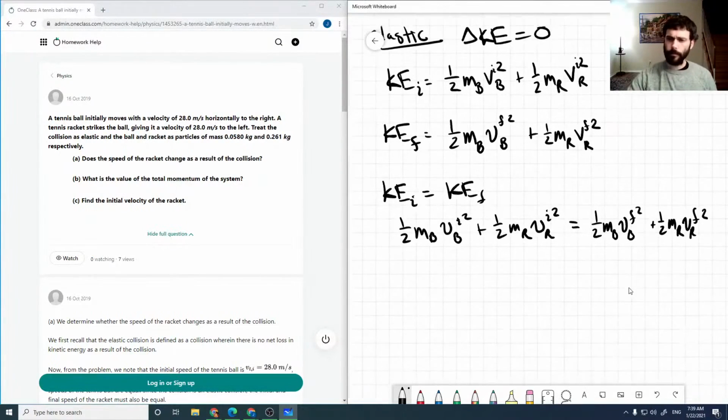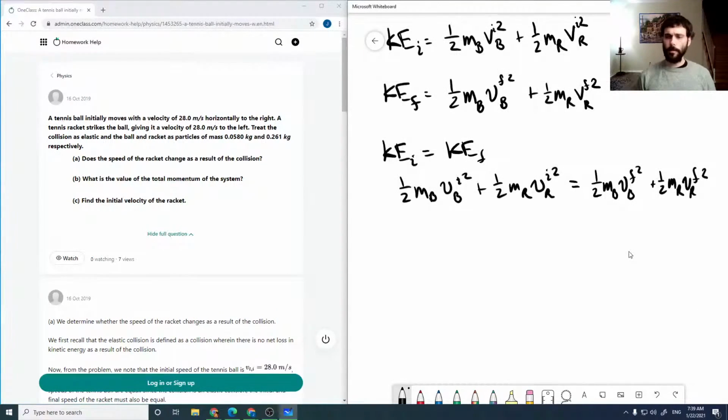Now, we're given that the speed of the ball, it's changed directions, but it's 28 meters per second in both cases.